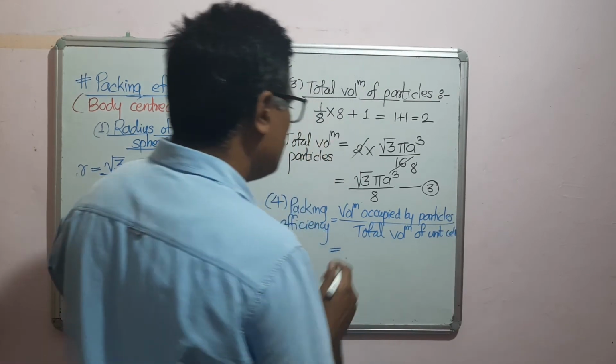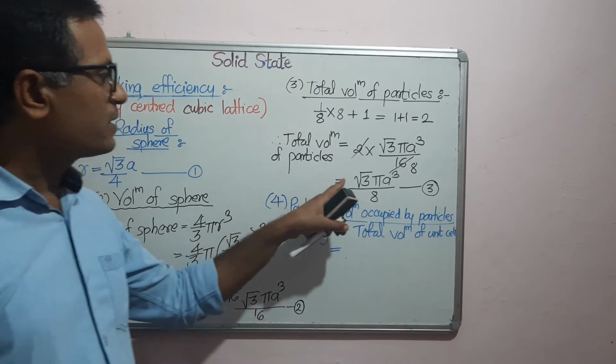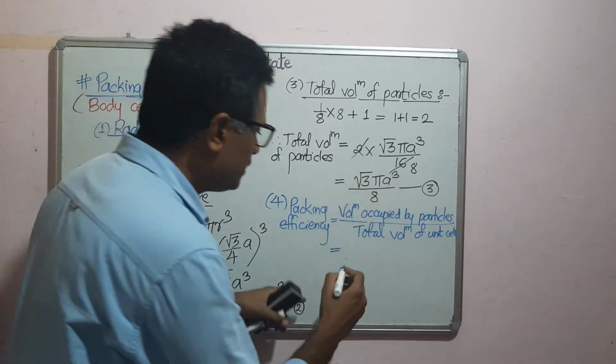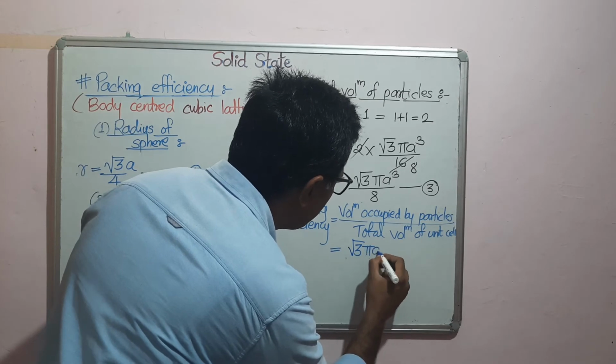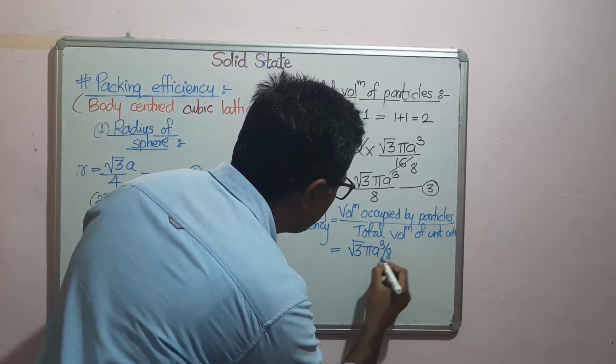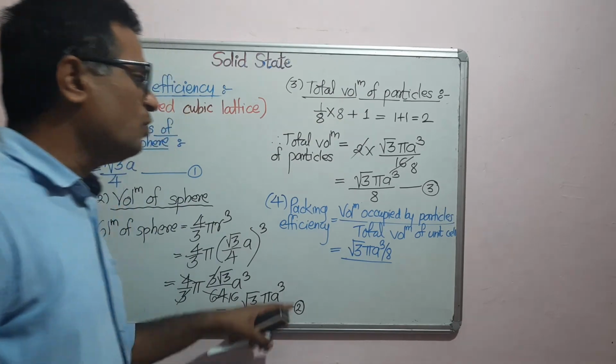So volume occupied by all the particles in the BCC is equal to how much? It is root 3 pi a cube upon 8 divided by total volume of unit cell.